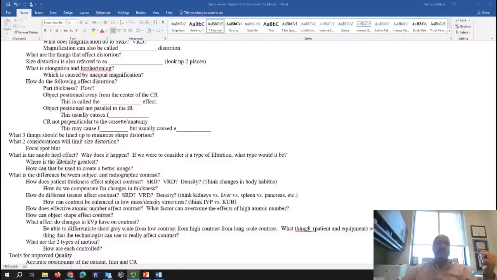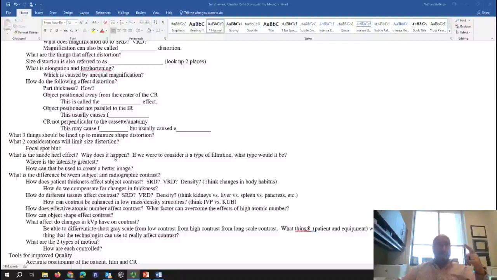Anode heel effect: because of the angulation of the anode, the target area on the anode, we're going to have two different things. Because of the absorption characteristics of the anode, we're going to have a decrease in intensity on the anode end of the X-ray tube and an increase in intensity on the cathode end of the X-ray tube.